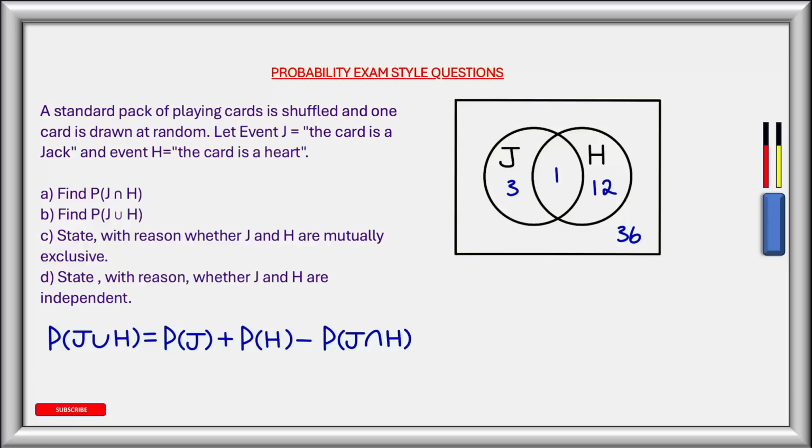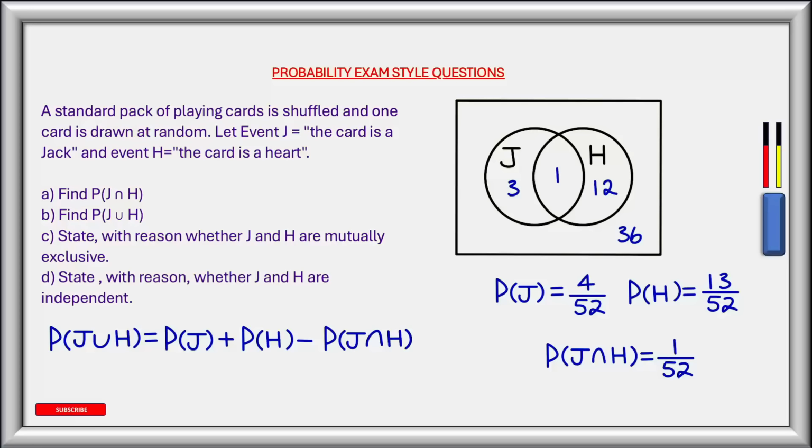For part B, we're asked to find the probability of the union between J and H. Now we can use the addition rule to find this probability. The addition rule tells us that the probability of the union between J and H is equal to the probability of J plus the probability of H minus the probability of the intersection of J and H. So let's calculate the individual probabilities.